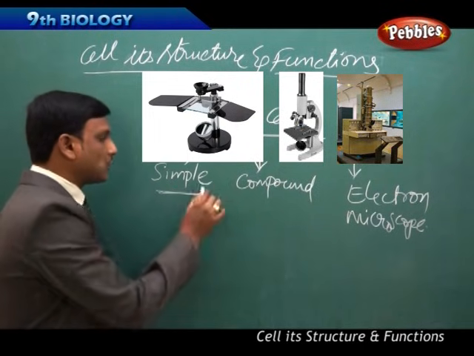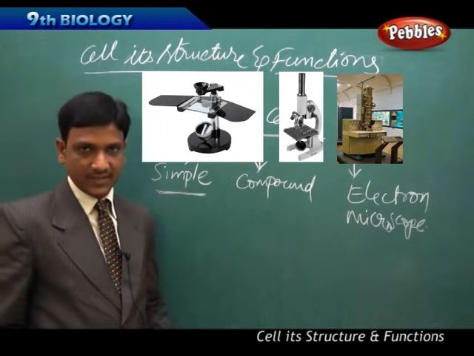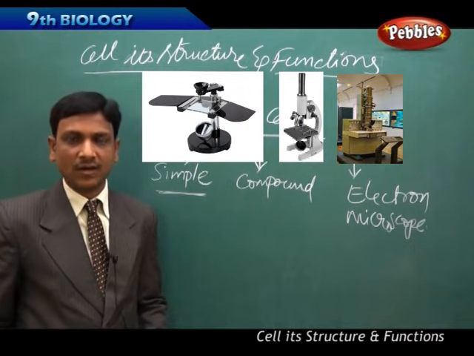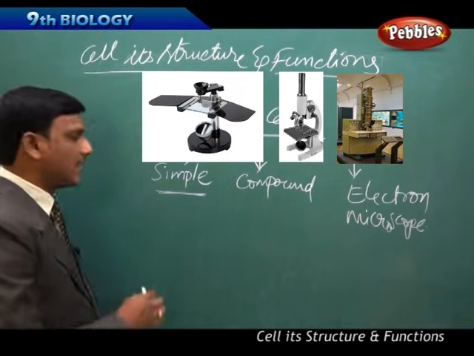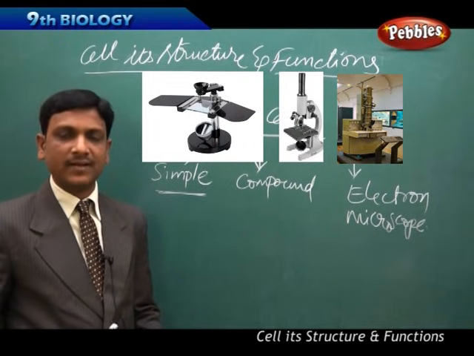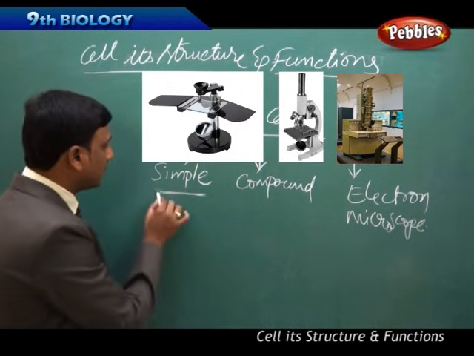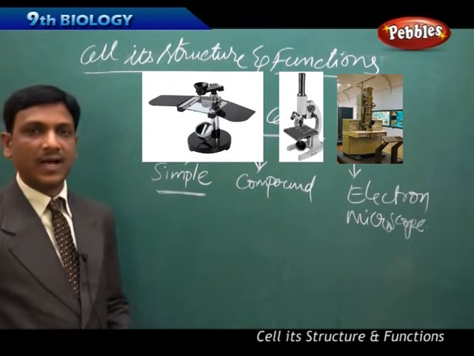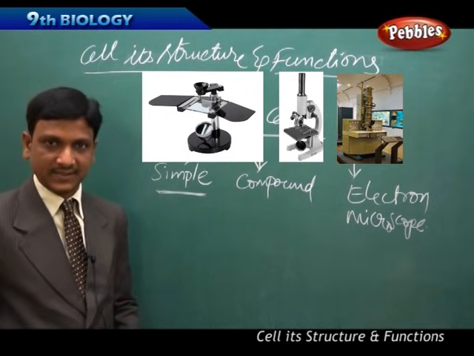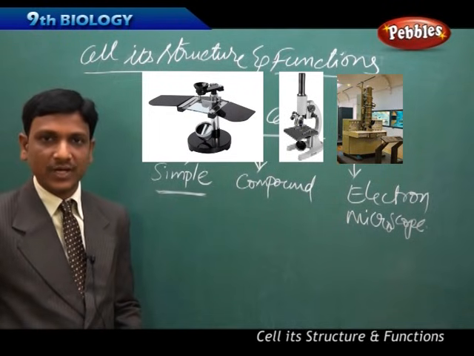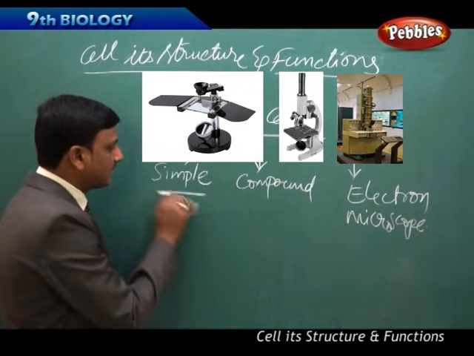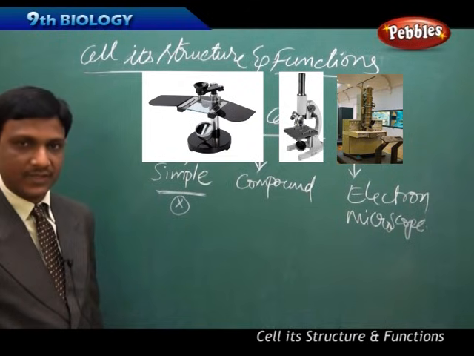The simple microscope is a very simple instrument which is used to observe the stomata or some of the outline features of a cell. If you wanted to observe some bigger plant cells or animal cells, we can use the simple microscope to observe. But it is not possible to observe the inner parts, the cell organelles like nucleus or cell wall. Such things we cannot see in a simple microscope.